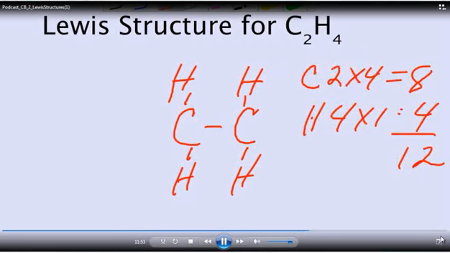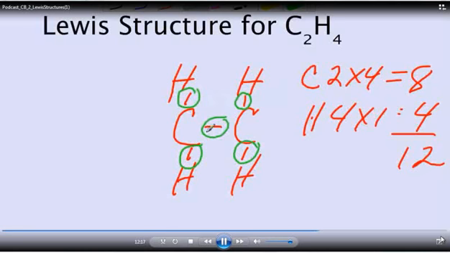Now let's count how many electrons I have used. 2, 4, 6, 8, 10. Now, I've used 10 electrons, and do I have 8 electrons around all atoms?